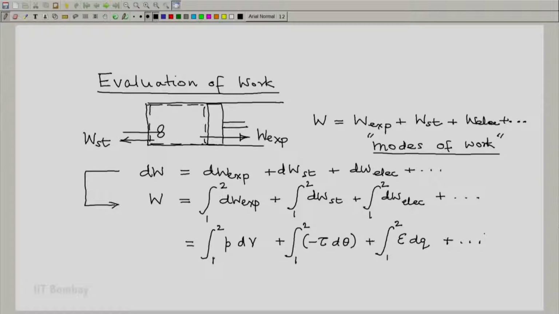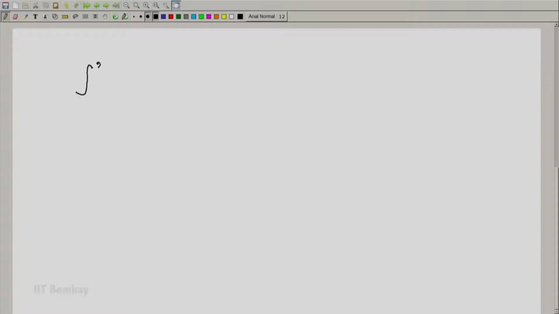Now, the question that arises is, there is a process of integration here. Is it always possible? For this, we will have to look at the details of the process. Let us consider the first of the integrals, which leads to the expansion work, integral P dV. Now, we know integration is area under a curve, so let us look at the detail of the process.